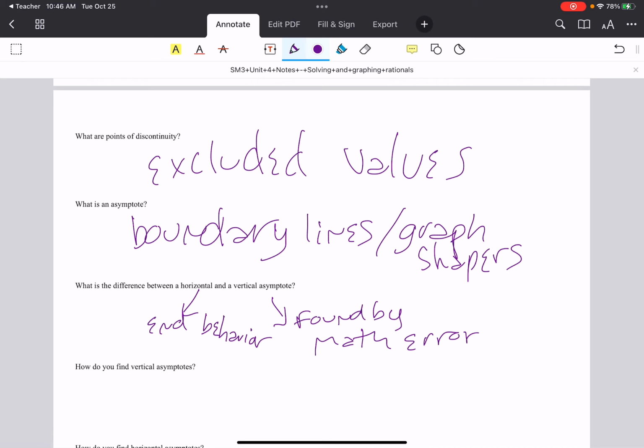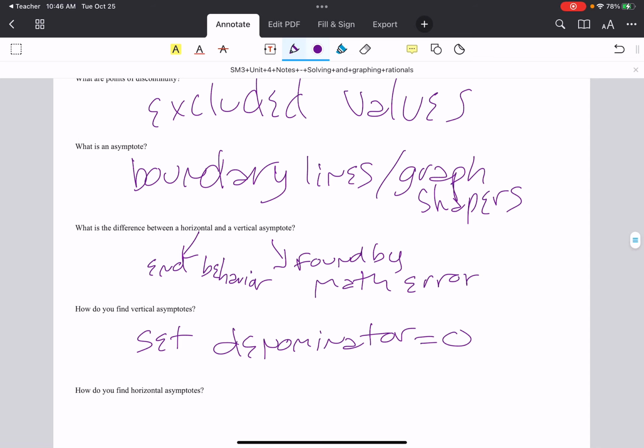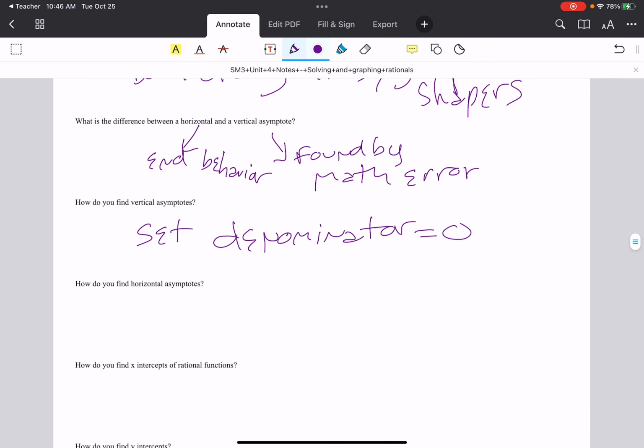How do you find vertical? Set the denominator equal to 0. How do you find horizontal?